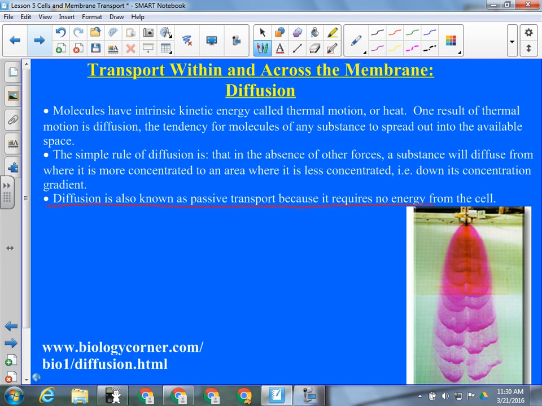If it's active, that's like moving stuff uphill. You need to use energy to do that. Stuff doesn't roll uphill on its own. So anything that's passive is just allowing things to occur naturally. The simple rule of diffusion is, in the absence of other forces, substances diffuse from high concentration to low concentration. In other words, down the gradient. So that whole thing there is pretty important.